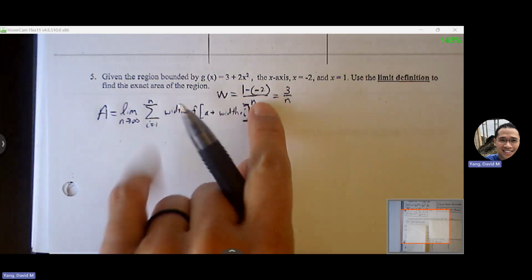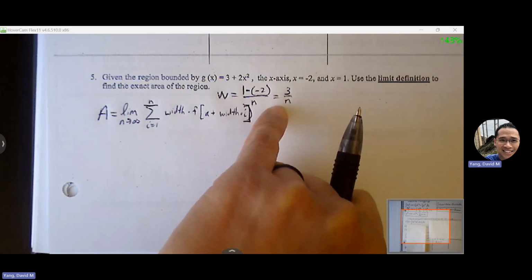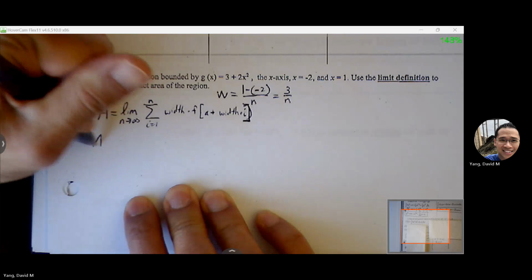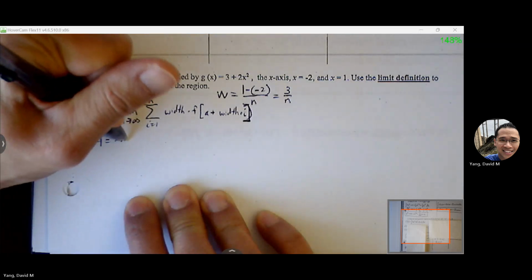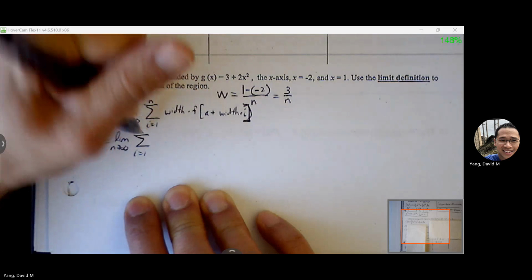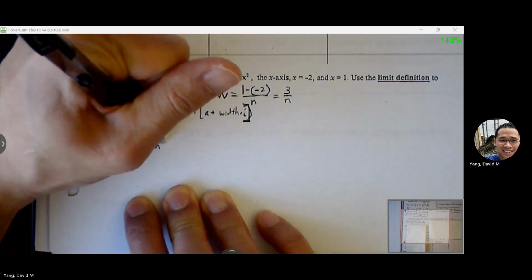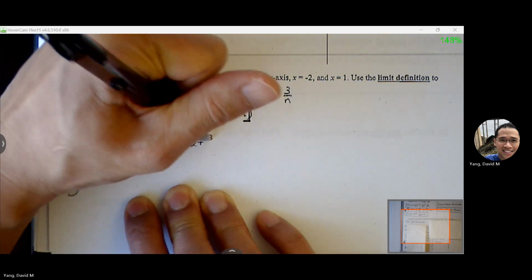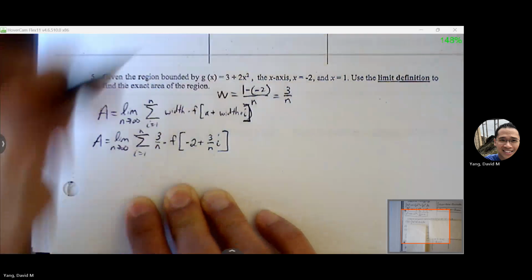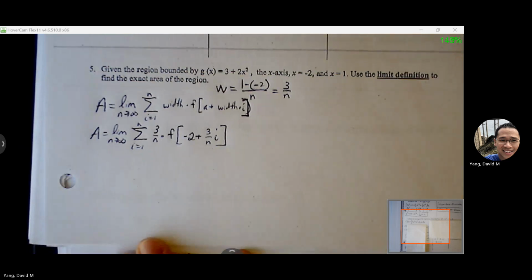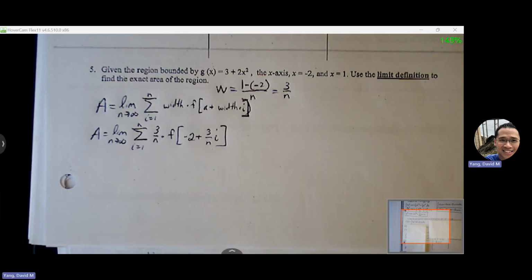We're going to replace width with 3 over n, replace the a with -2. Any questions so far?